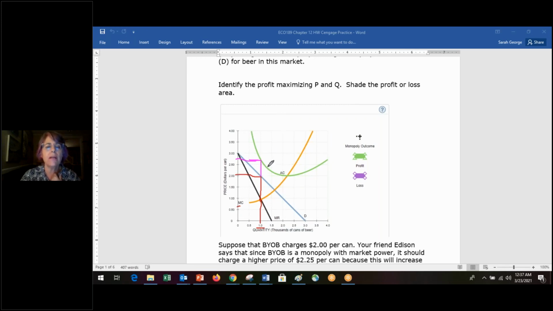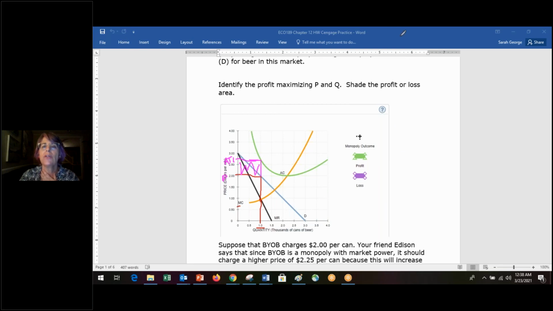At that Q, the average cost is going to be $2.75. So if the P is smaller than the ATC, we know, if I'm charging you $2 for it but it costs me $2.75, this whole area is going to be my loss. I don't have this, it's just a Word document, but I would draw it over there and shade that in.